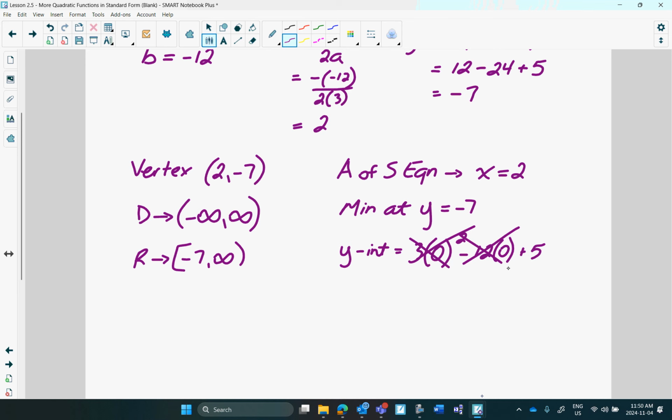So my y-intercept is just 5. Okay. So not only could you state all the properties, you could actually graph it too. We could have gone one step further and graphed it as well.